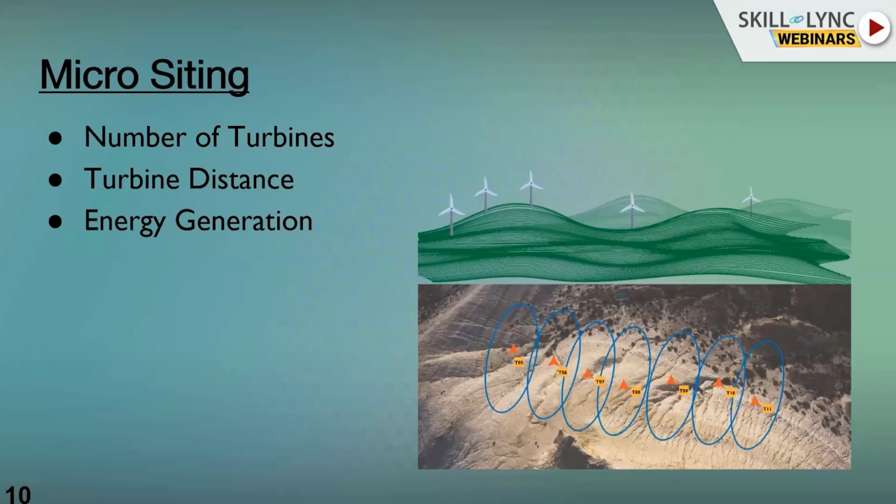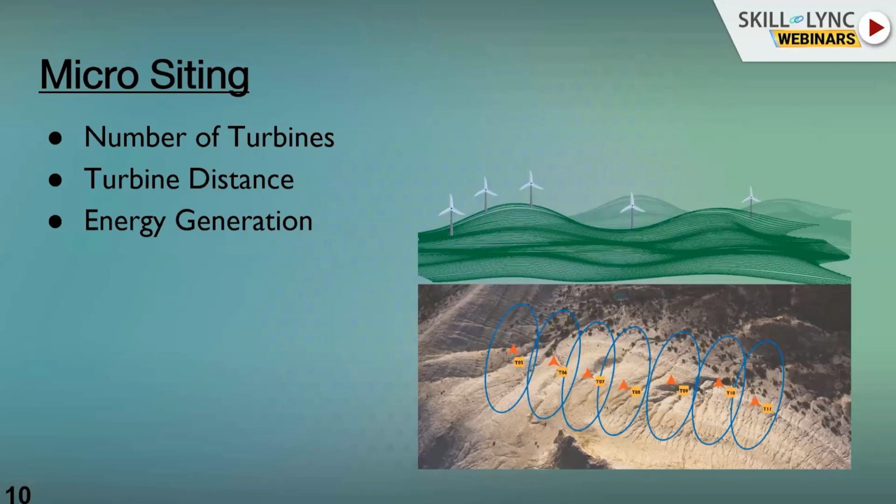In micro-siting, we have to look at the wind direction for the particular site. Normally the wind direction will change. So we need the first wind direction, the air density for the particular site, and whether there is any icing formation and icing frequency.